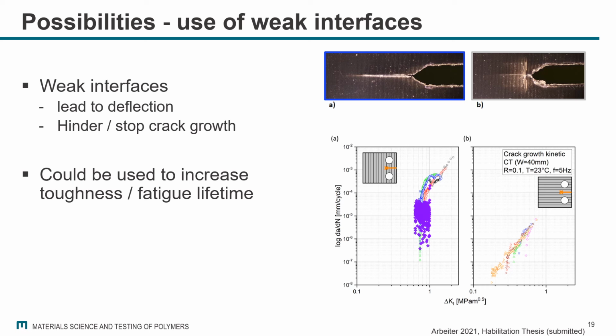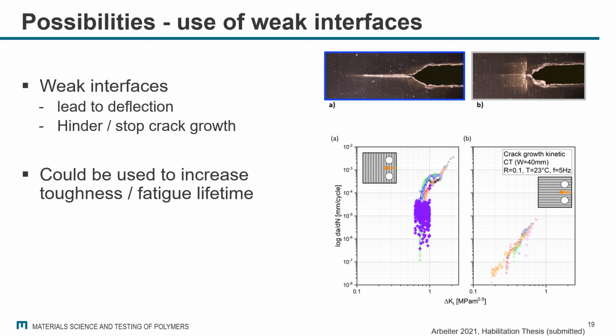As now shown here in purple, as I said before, this was an experiment done at rather low loading levels. And here the crack actually started to deflect, as shown in the picture on the top right. And this actually stopped the crack from propagating further through the whole specimen.